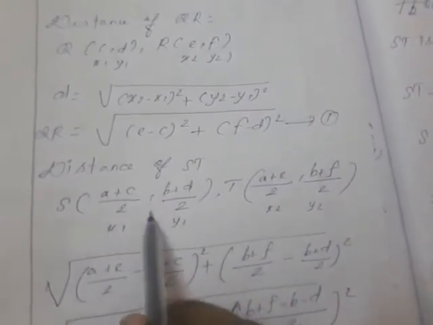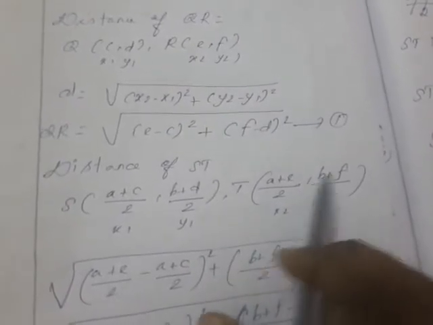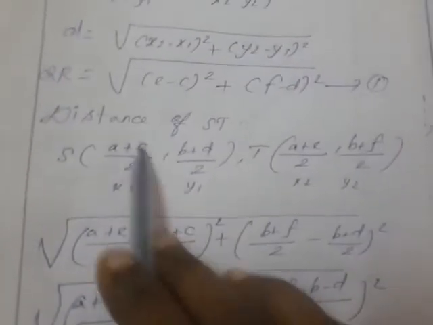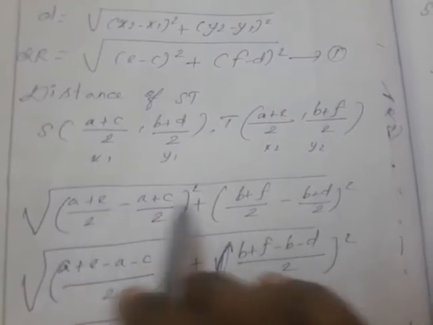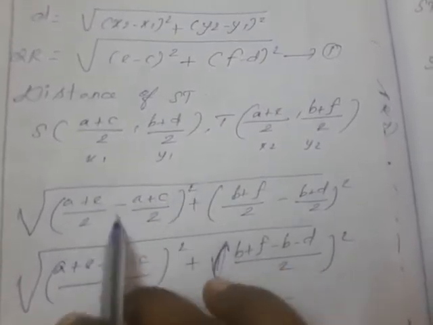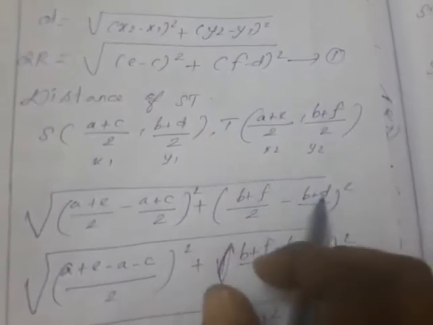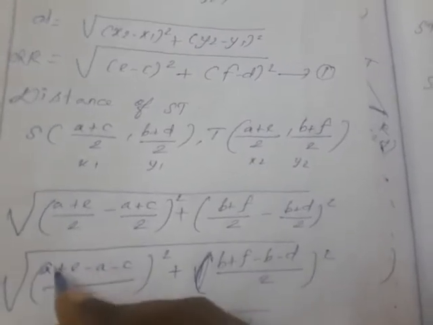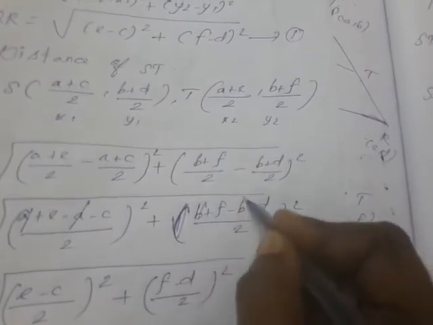Next, the distance of ST. S is A plus C by 2, comma B plus D by 2, and T is A plus E by 2, comma B plus F by 2. So it is the root of (A plus E by 2 minus A plus C by 2) squared plus (B plus F by 2 minus B plus D by 2) squared. Taking the common value 2 and multiplying the minus inside, A minus A and B minus B cancel.